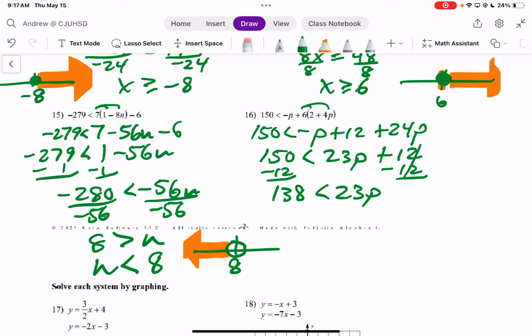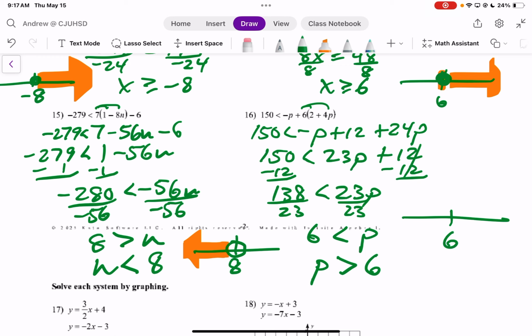I'm assuming 138 can be divided by 23, and it's 6 times. So 6 is less than p. I've got to switch it around for the graphing and to match the answer. So p will go on the left, 6 will go on the right. Originally, the arrow was pointing toward the 6, so when I switch it around, the arrow is still pointing toward the 6. That'll be an open circle because it doesn't say it's equal to 6. And because it's a greater than, it's going to point to the right.